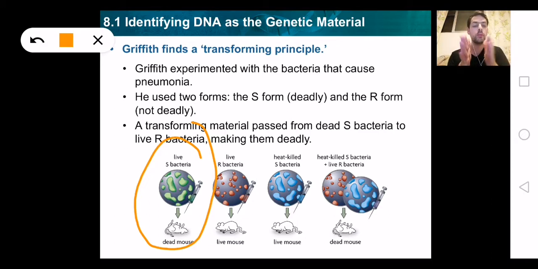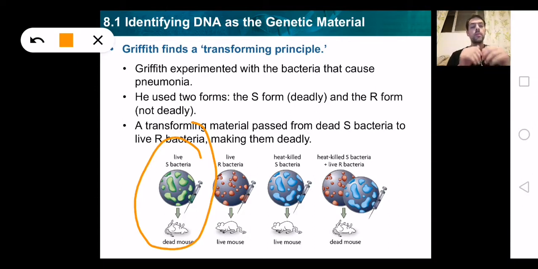In the first step of his experiment, he gave a mouse what? He gave it live S bacteria. What happened to the mouse? The mouse died.